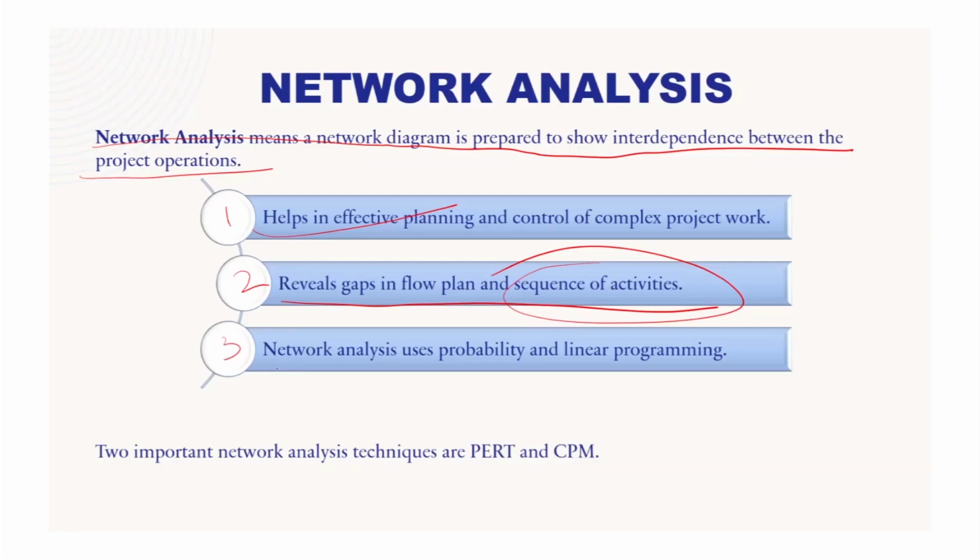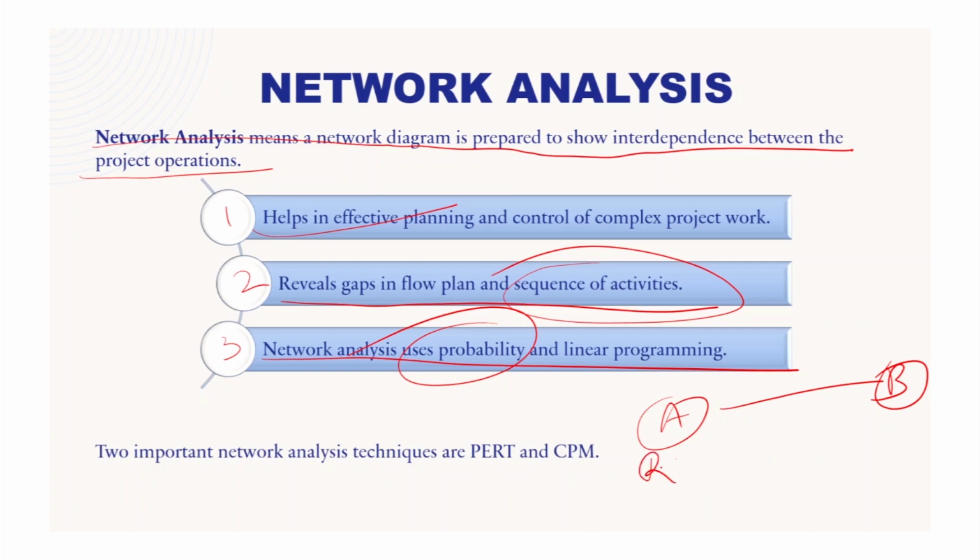The third one is that network analysis uses probability and linear programming. So it is based on the concept of probability. You are not very sure that from A to B, when you are preparing, you will be sending the raw material to the production house.